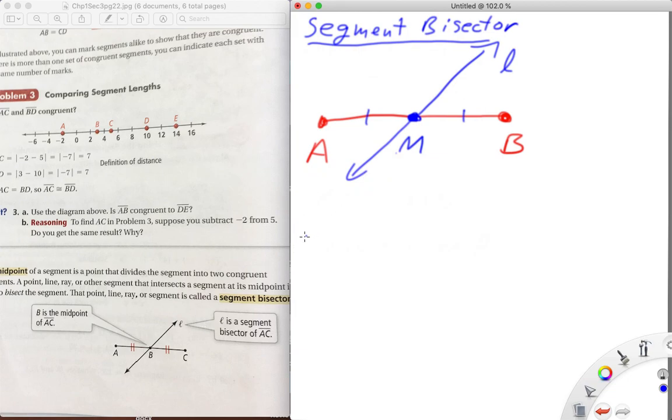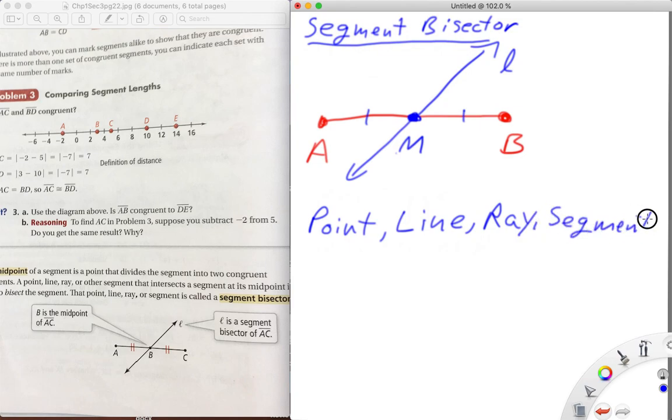So in this case, the segment bisector could be a point. The segment bisector could be a line. The segment bisector could be a ray. The segment bisector could be a line segment. And the segment bisector can be a plane.